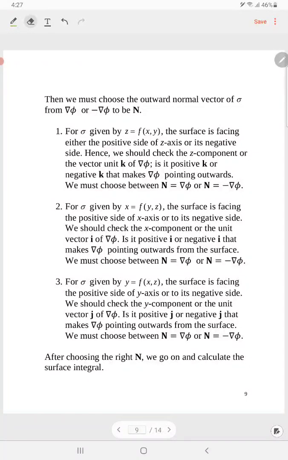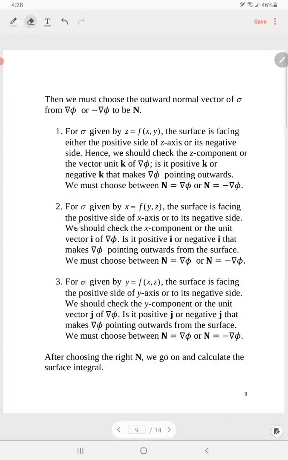So you have to check for the I component, the x component, whether it is positive I or negative I, depending on your surface. So then you need to choose the correct del phi. So your normal vector is either del phi or negative del phi. You just have to refer to the surface.